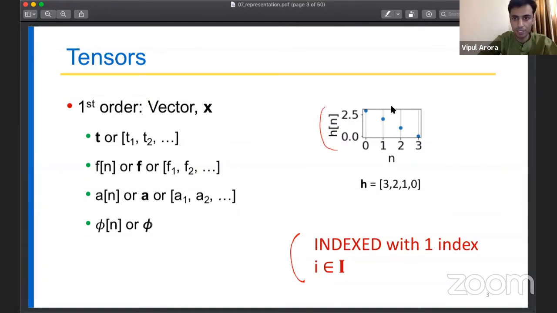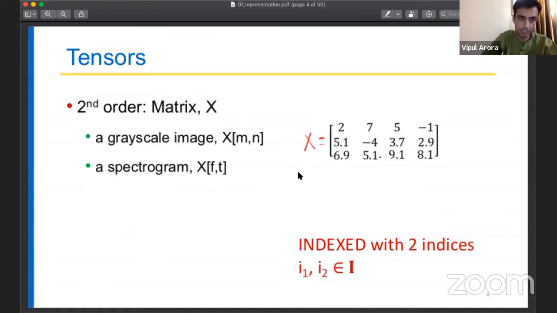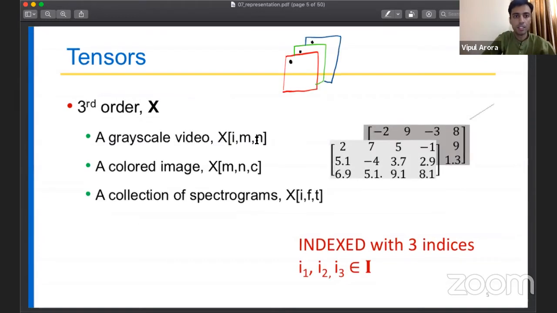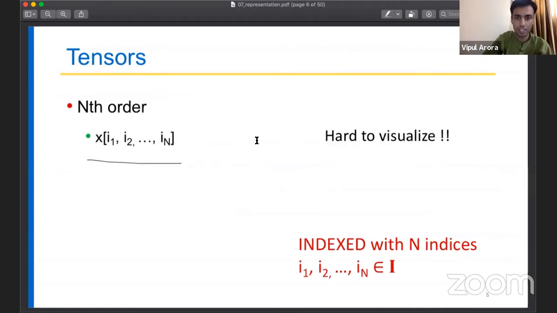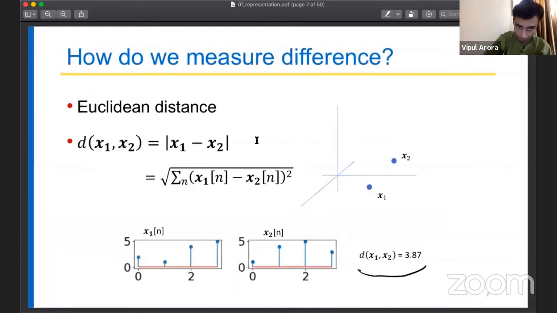As you have seen in your discrete time signal, you have h[n]. n is a single index and it can take any number of values. Here it is taking 0 to 3, meaning 4 values. But since there is only a single index, you call it a first order tensor. A second order tensor will have two indices like x[m, n]. It's a matrix. Then a third order tensor will have three indices, and so on. An nth order tensor will have n indices.